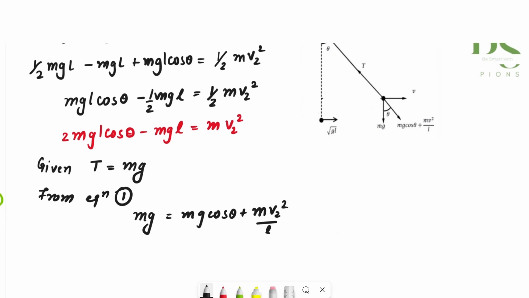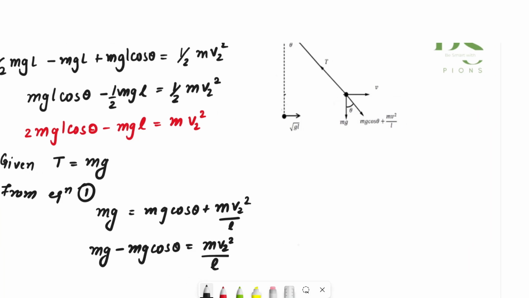So let's take this mg cos theta to the other side. It will be mg minus mg cos theta, and that will be equal to mv2 square by L. Correct?